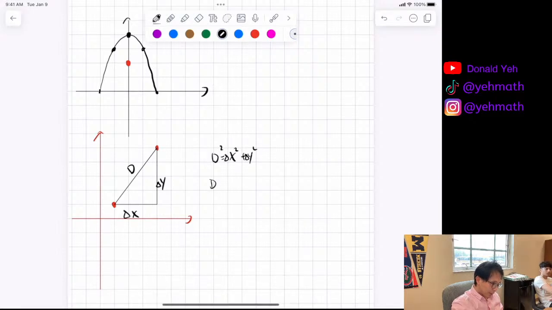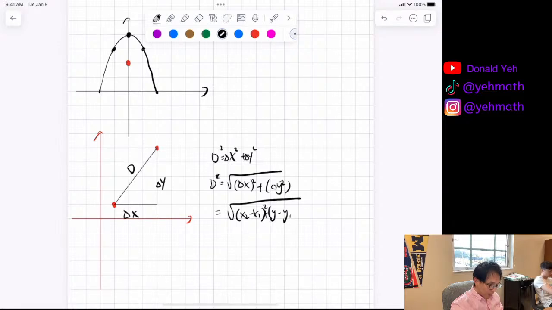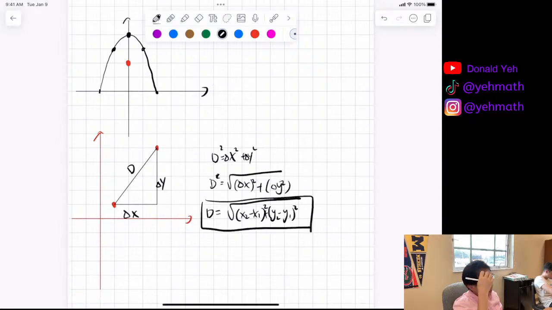Because distance squared equals delta x squared plus delta y squared. So therefore delta x is going to be x2 minus x1 plus y2 minus y1. And it's basically the distance formula you get from the Pythagorean identity.